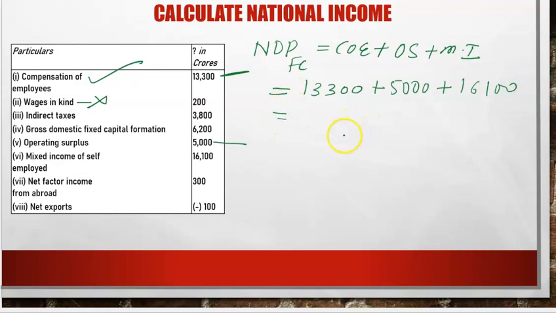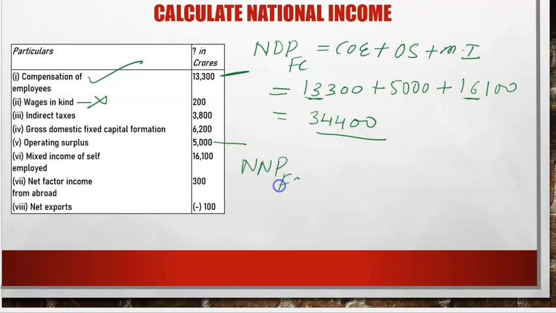Total किया जाएगा, that is again 29,400 and 34,400. If I'm not wrong, it is 34,400. 13 plus 16, 29,400 and 34,400 is NDPfc, but they are asking for NNPfc.